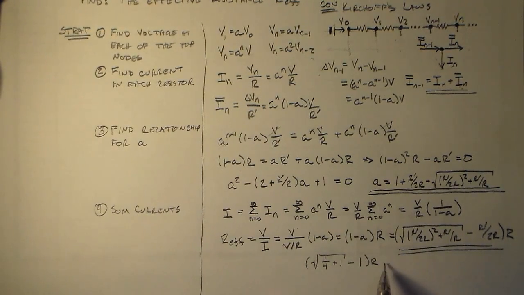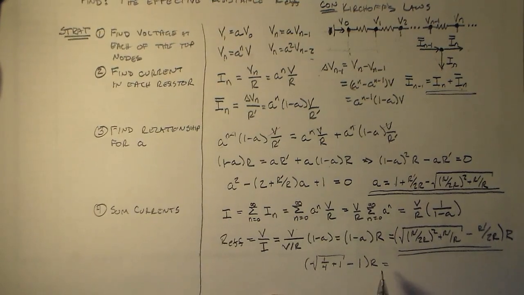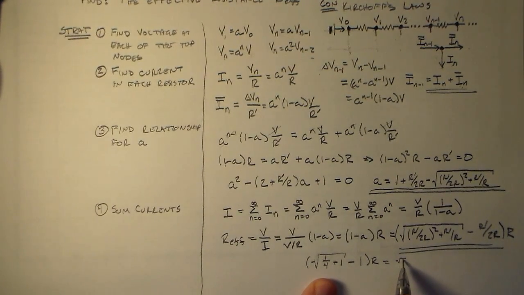We've got all that multiplied by R, which would equal the square root of 5 minus, oh, this is 1/2, excuse me, minus 1 over 2 times R, which is what we end up with, which is what you'll see online.